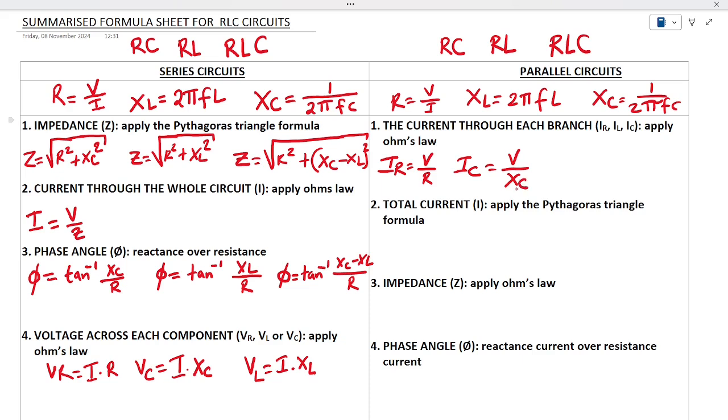Remember, XC is the value of the resistance of the capacitor, not the value of the capacitance. And for the current flowing through the inductor, you do V over XL, the resistance of the inductor.